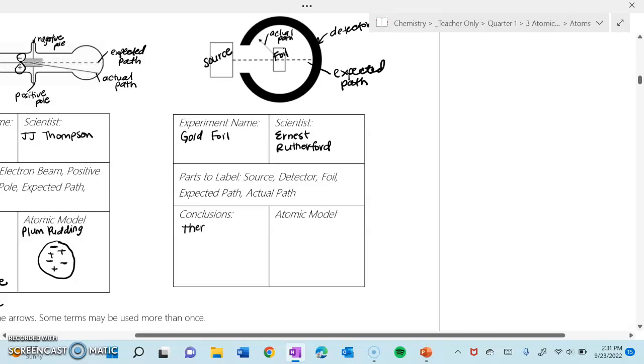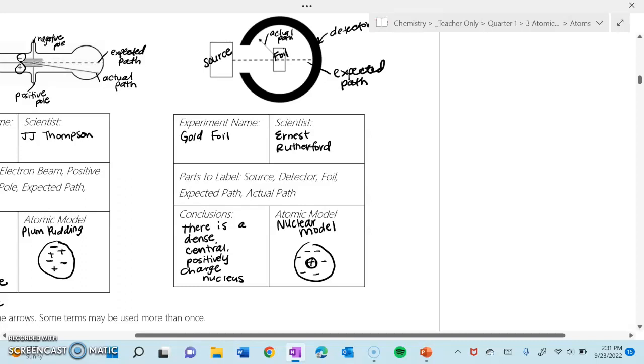So the conclusion is there is a dense central positively charged nucleus in atoms. So he added to the plum pudding model, this is called the nuclear model, a nucleus. So now we have all the positive stuff in the center and then the electrons randomly around it.